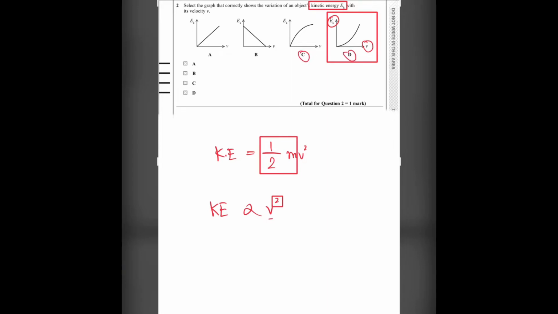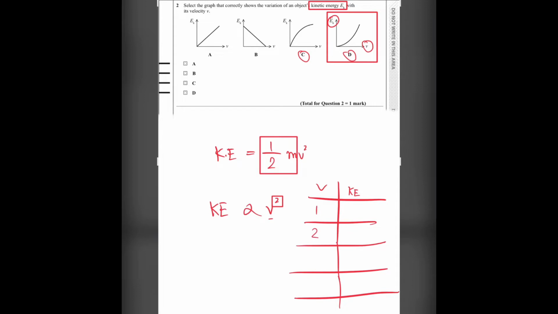Let's consider several values for v. If we have v here and Ke here, we can use a few values of v: 1, 2, 3 and 4. If v is 1, 1 squared is 1. If v is 2, 2 squared is 4, so kinetic energy will be 4. Here it will be 9 and 16. What we can see is, with each increment of v, there is a greater increment in kinetic energy Ke.